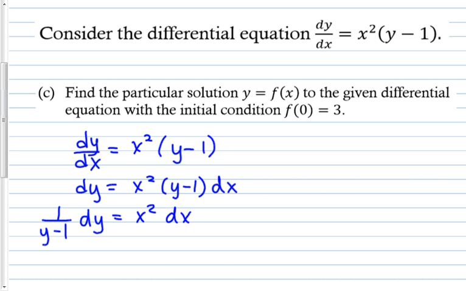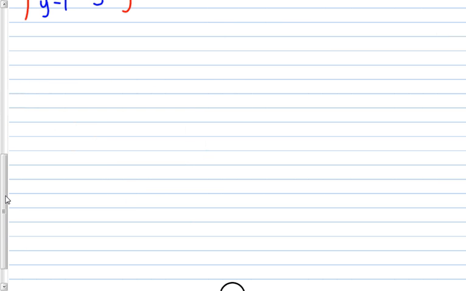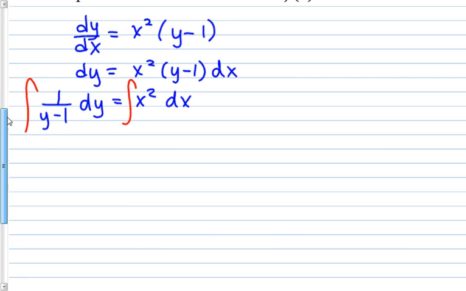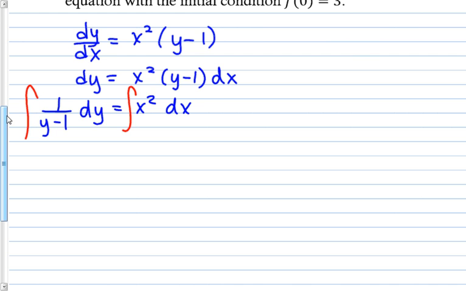Okay, now that they're separated, integrate. So 1 over y minus 1. See, this is in fraction form, and the y minus 1 has an exponent of 1, but if I change it to not be in the denominator, it would be y minus 1 to the -1 power.